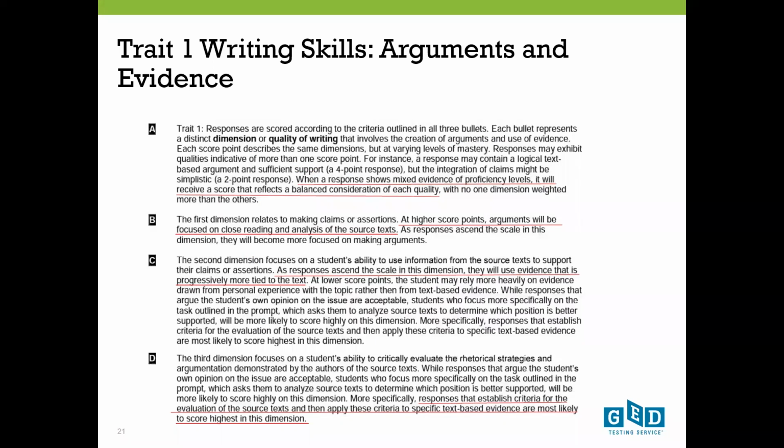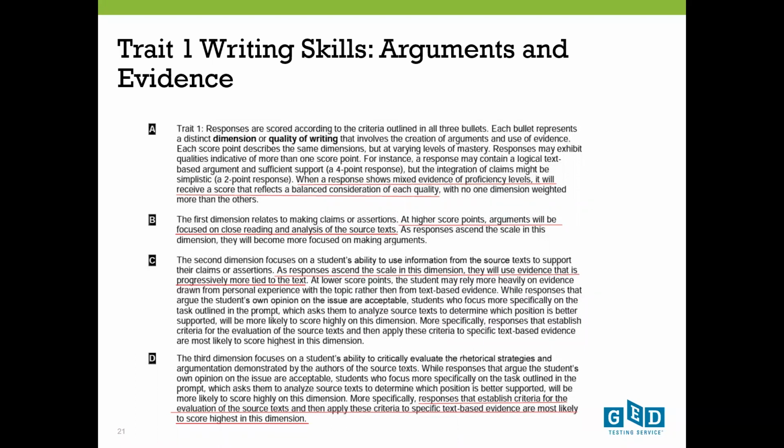So under the A, for instance, this note: when a response shows mixed evidence of proficiency skills, it will receive a score that reflects a balanced consideration of each quality. So no one dimension is weighed more than the others, and that's an important piece of information. At higher score points, arguments will be focused on close reading and analysis of the source texts, which again really ties to the prompt.